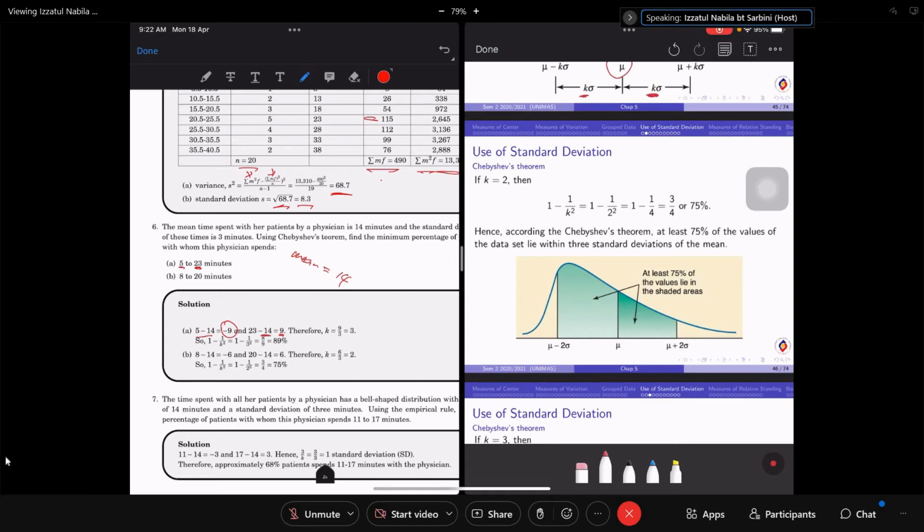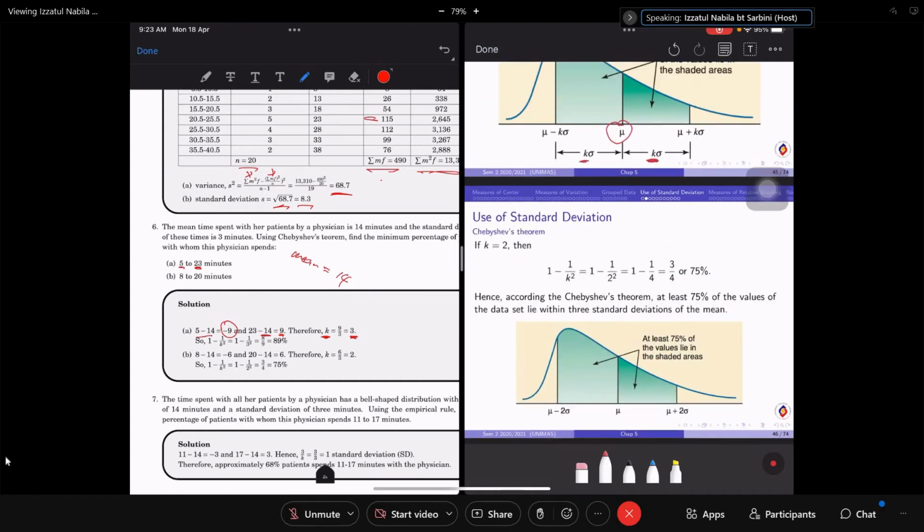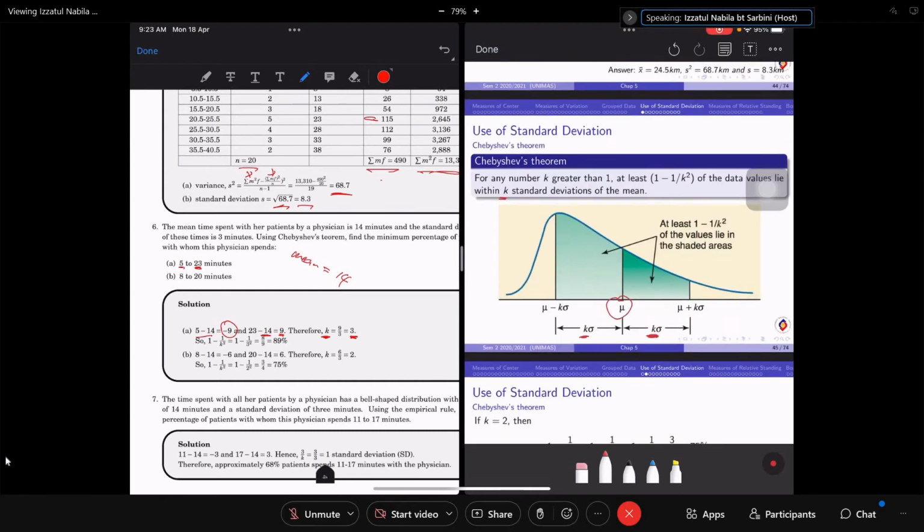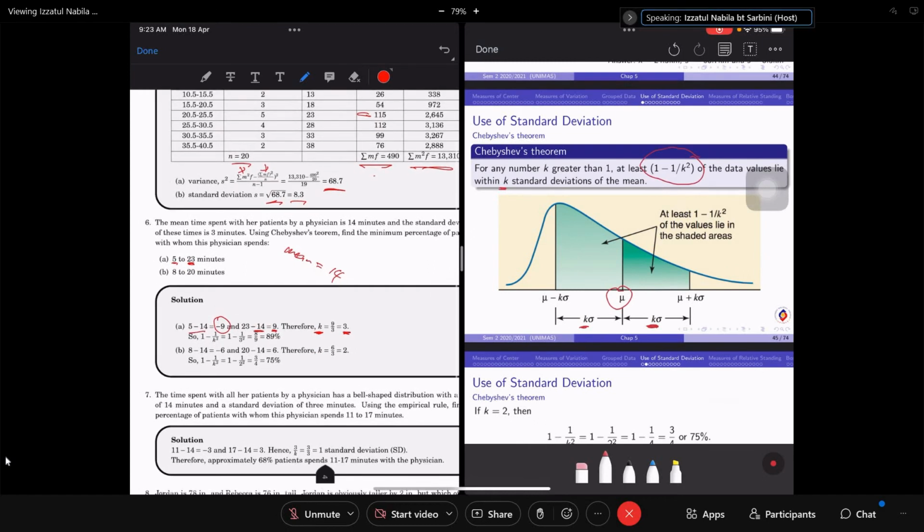So therefore, our K is now 9 over 3. So K is equal to 3. Once we calculate our K, we have the formula here: 1 minus 1 over K squared is equal to 8 over 9.